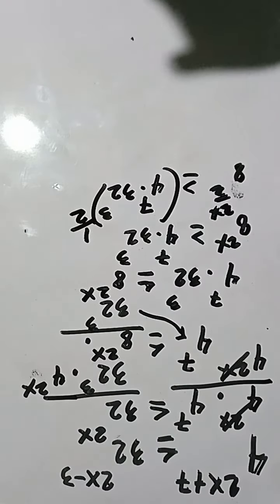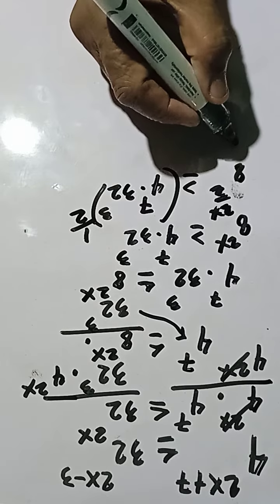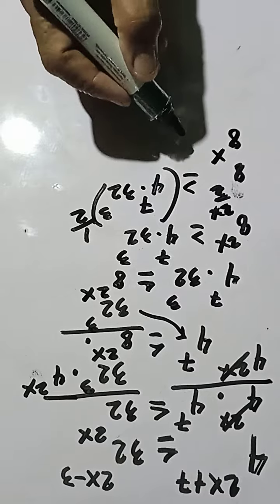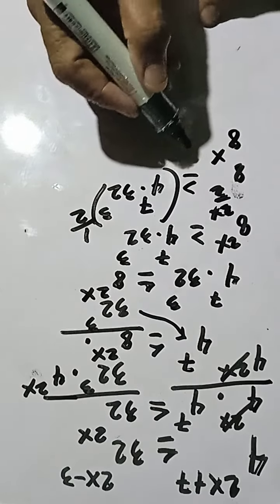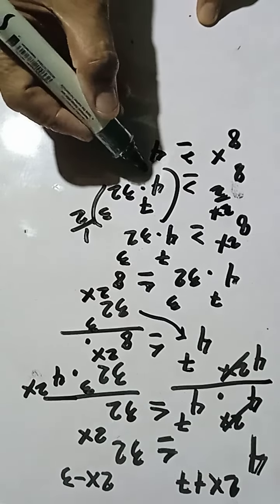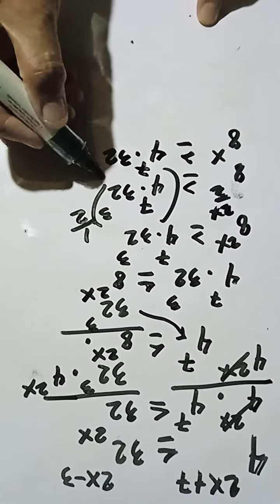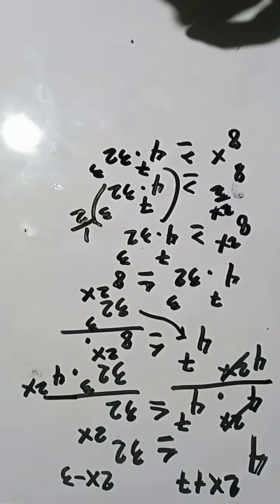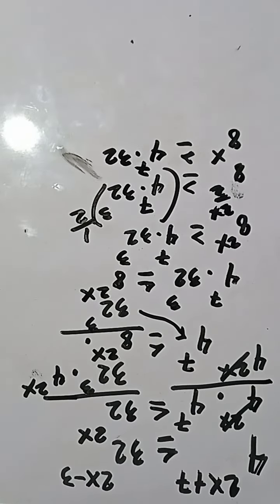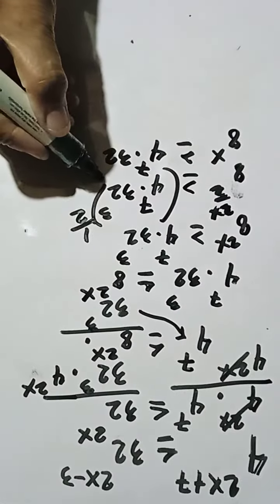Okay, so what remains is 8 raised to x is greater than or equal to 4 raised to 7 times 32 cube, raised to 1/2.